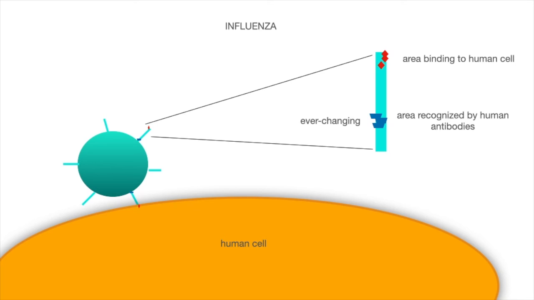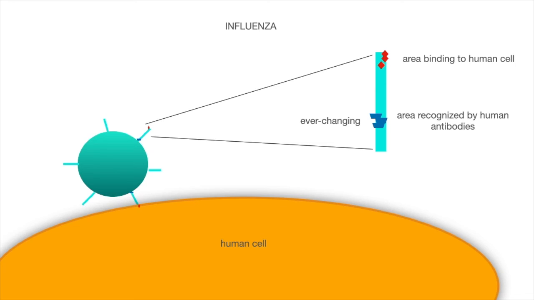With influenza, it is quickly mutating the amino acids in the part of the protein spike that are recognized by our antibodies. So that's very clever, and over many, many years of mutations and evolution of the virus, it has found a very clever mechanism to maintain its binding to the human cell, but to change the amino acids that our defenses will recognize so that it can escape the defenses.